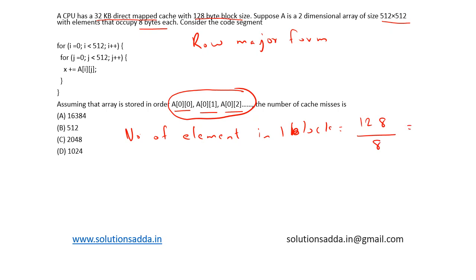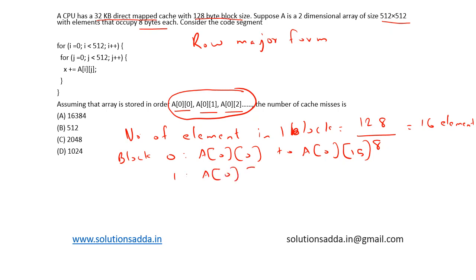So we have 16 elements in one block. So ideally block 0 has A[0][0] to A[0][15]. Block 1 would have A[0][16] to A[0][31], and so on.